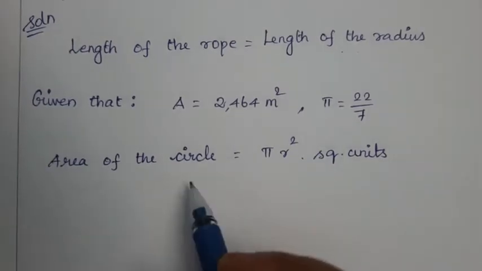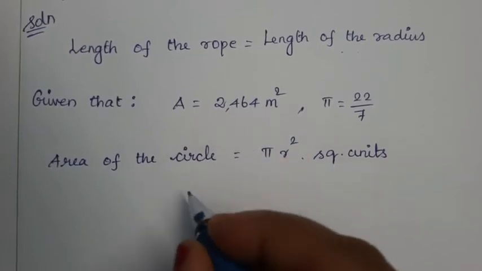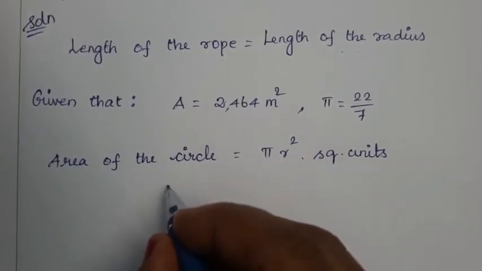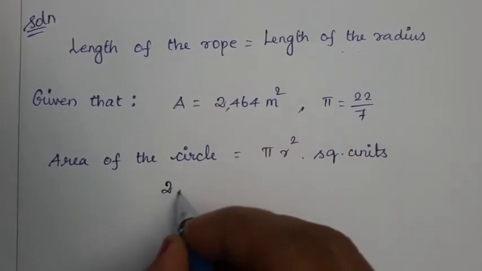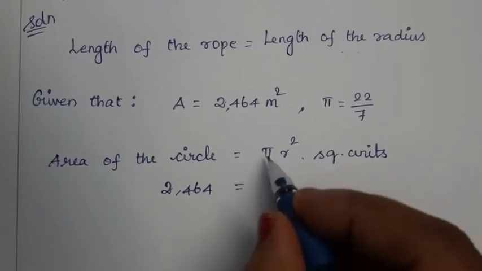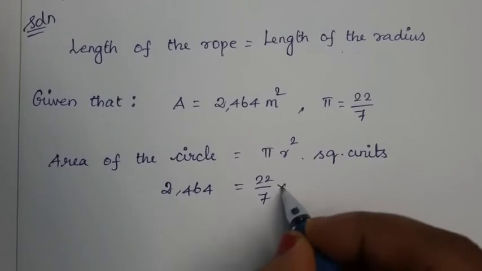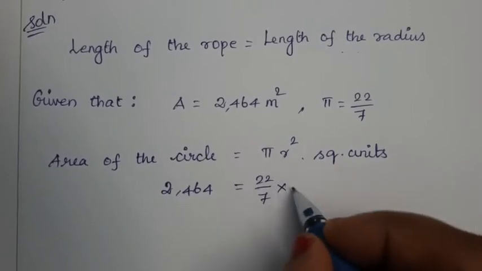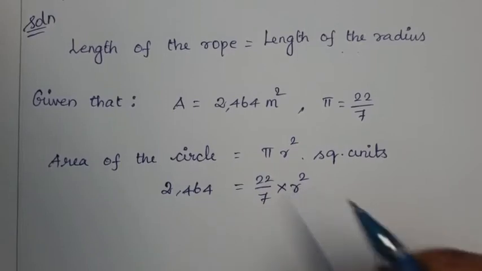Here the area given is 2464 meters squared. So we should substitute this value here, 2464 meters squared. And we know that the value of pi is equal to 22 by 7. R squared means radius squared, that we should find.